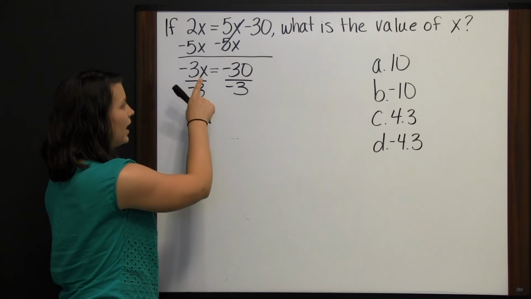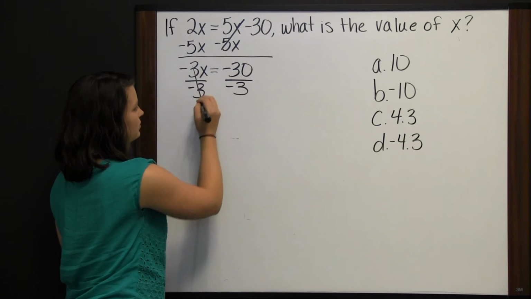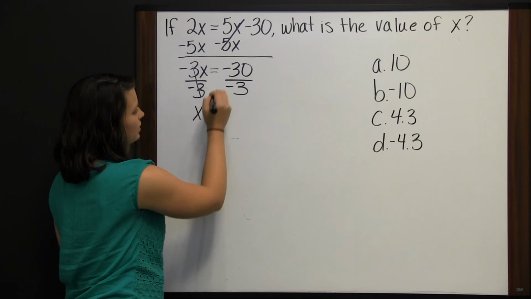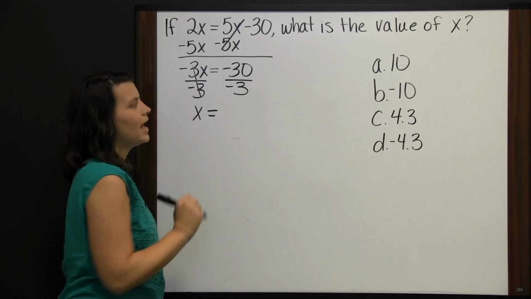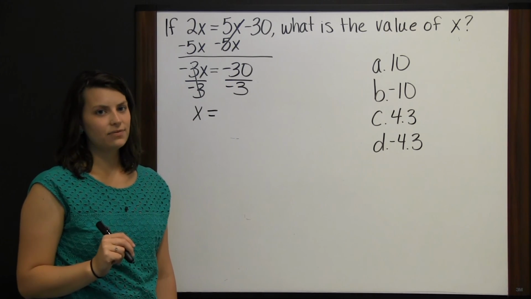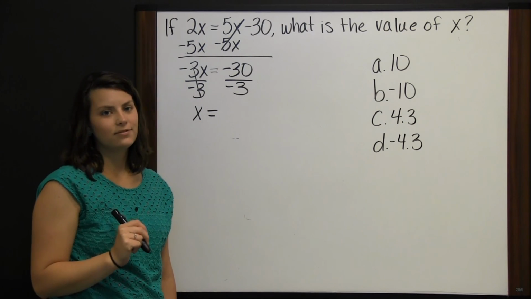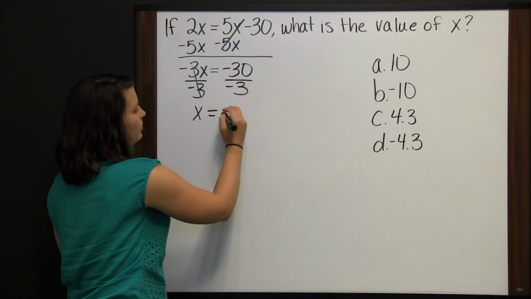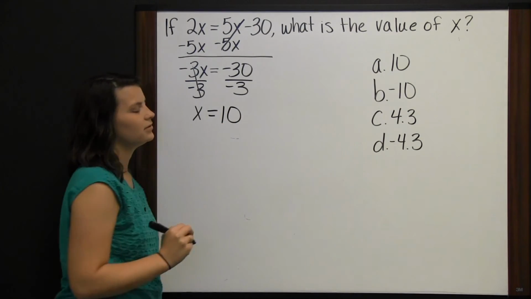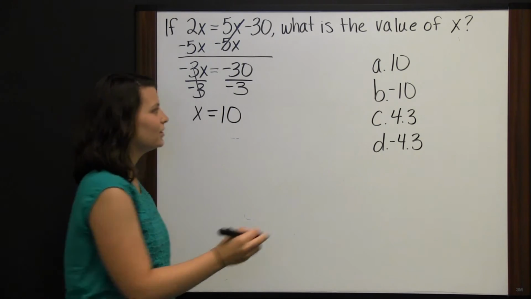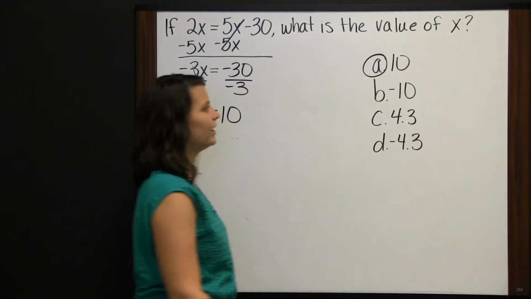And 1 times x is just x. So we have x equals negative 30 divided by negative 3. A negative divided by a negative is a positive. And 30 divided by 3 is 10. So x equals 10, which is answer choice A.